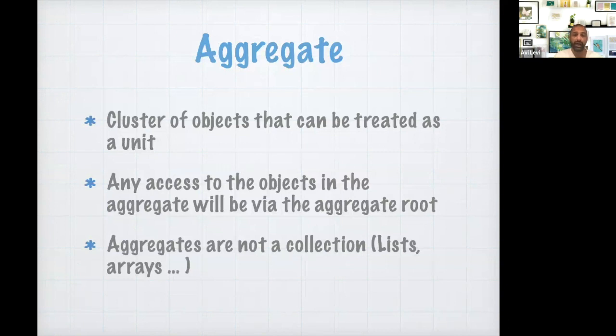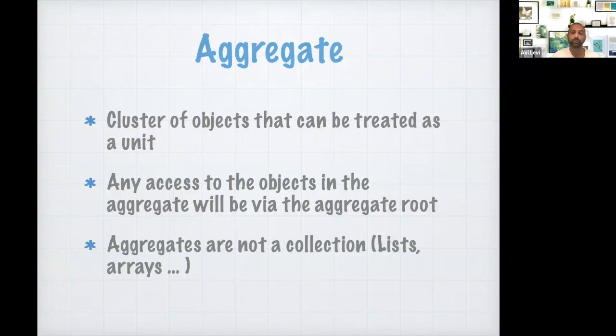An aggregate is a cluster of objects that can be treated as a unit because it aggregates many entities, many domain objects underneath. For example, if we take a customer aggregate, it can have an address, a telephone number, all kinds of entities that aggregate under the customer entity.